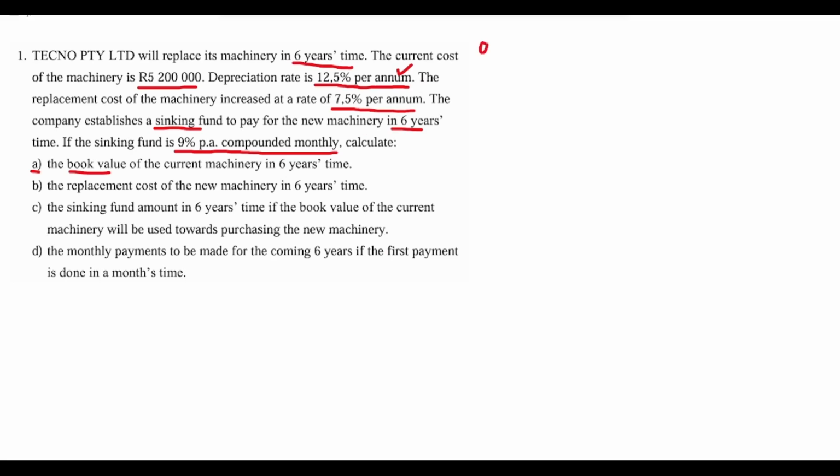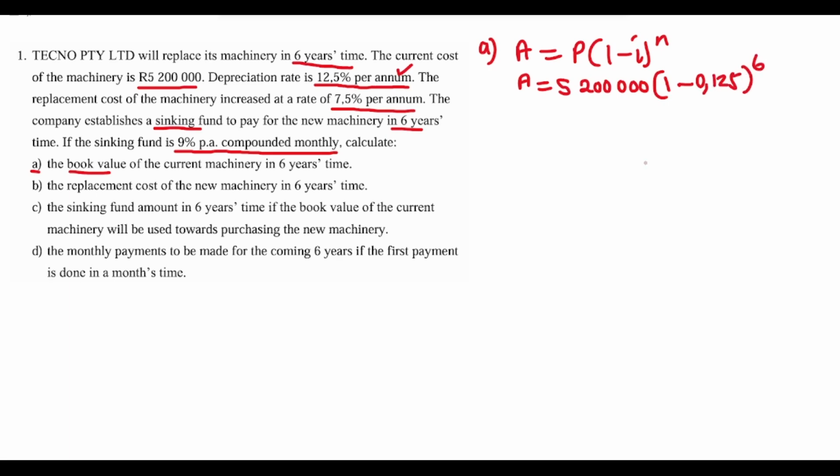So we can use the formula for decay. A is equal to P times (1 minus i) to the power n. Then A is equal to 5,200,000 times (1 minus 12.5%, that is 0.125), and then our n is 6.